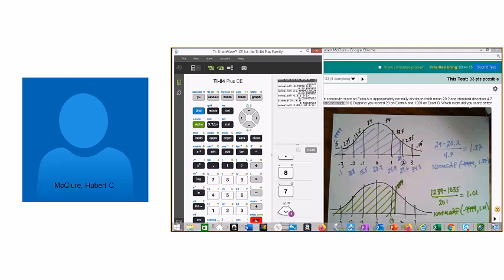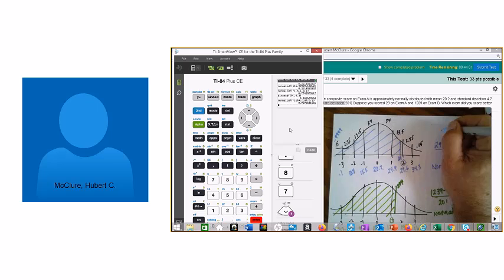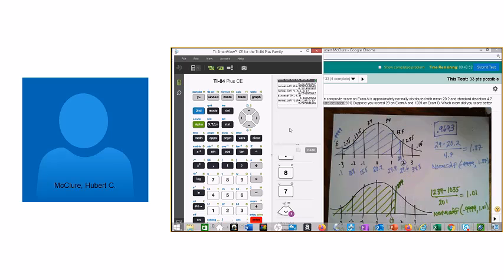About 94, roughly. 0.96925, which is 0.9693. So my blue comes out to be 96.93%. 0.9693. Really 97%.